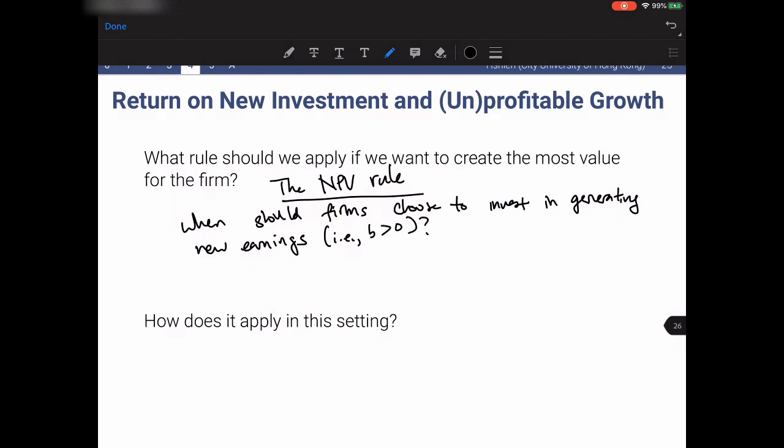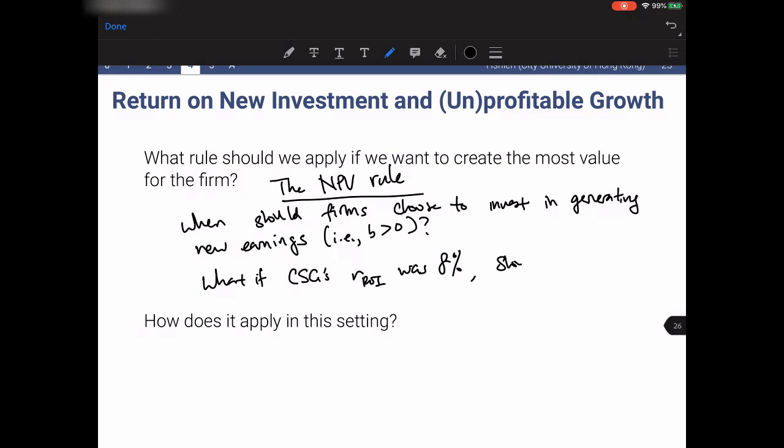So maybe rather than asking this general question, we can just go back to the example of CSG. What if CSG's ROI, or return on investment, was instead 8%?